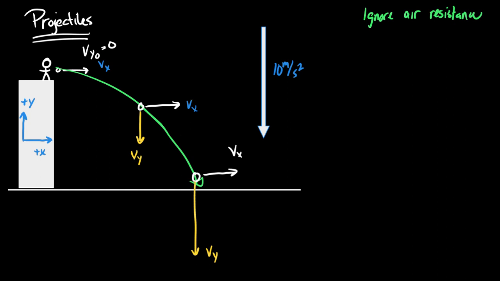Now, if you're really paying attention, you understand that we're probably going to have a displacement here, how far the ball fell downwards. And we're also going to have a displacement here, how far the ball fell to the side. Projectile problems require that we consider where the object might land given the circumstances of the object's flight.